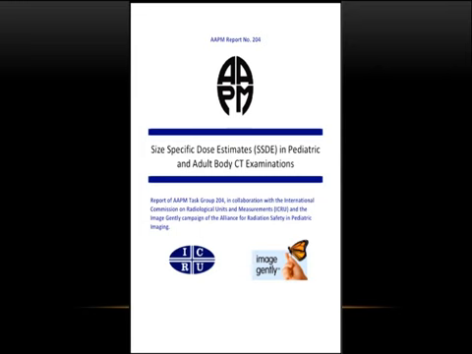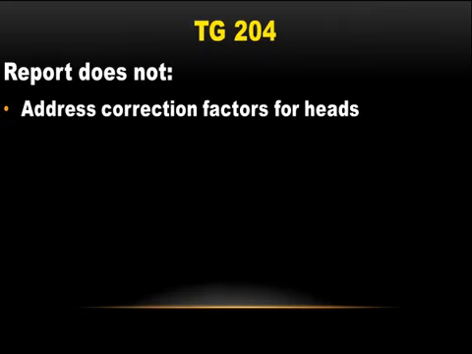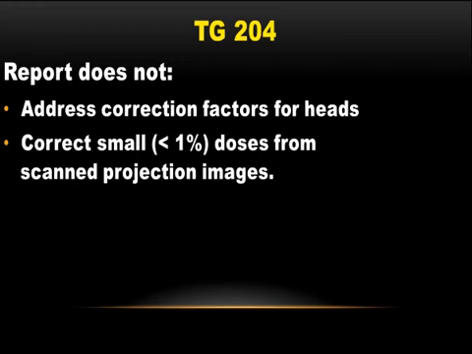Okay, so what about SSDE? It's the size-specific dose in pediatric and adult body CT examinations. It was developed by the AAPM, and also the folks from ICRU and Image Gently were involved as advisors. The report is not a be-all and end-all to all things. It does not address correction factors for heads. It does not define those.